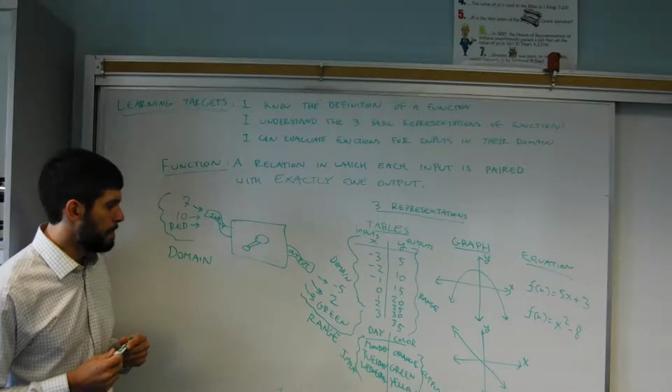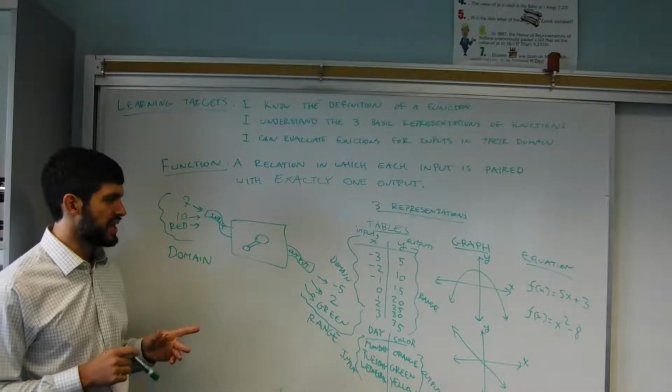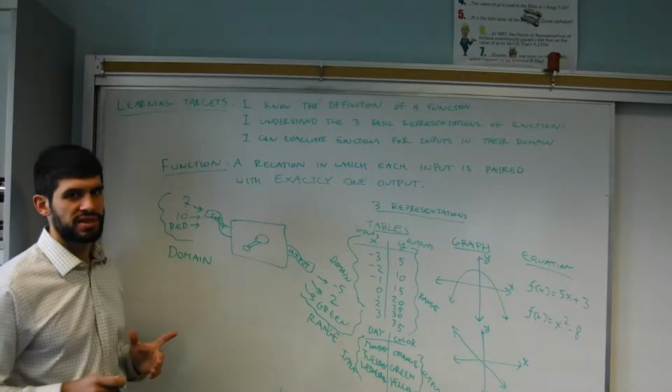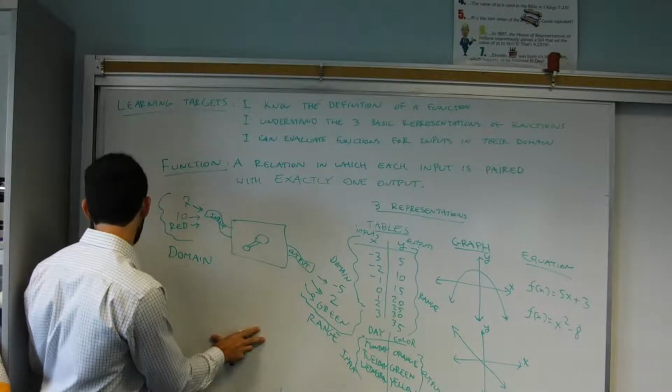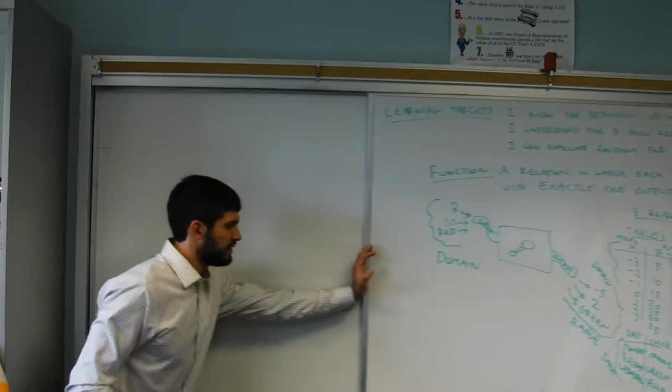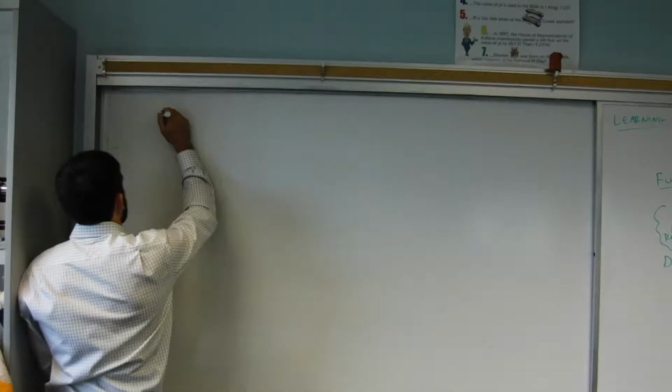So, for the rest of this lesson, we're going to look a little bit more in detail at each of those representations and how we can deal with them. So, we're going to open up a new window. And first, let's go over tables of values.